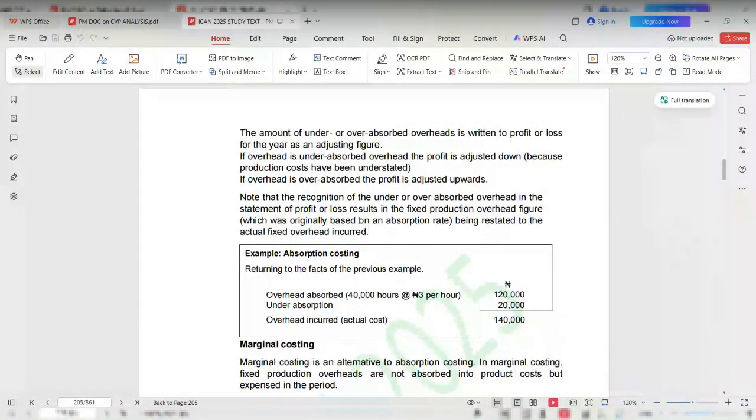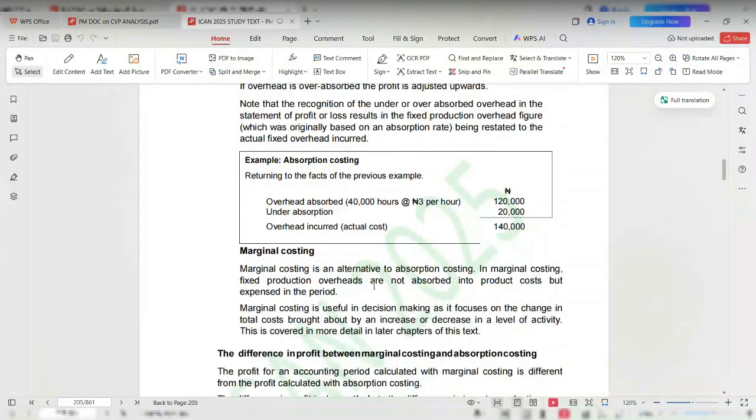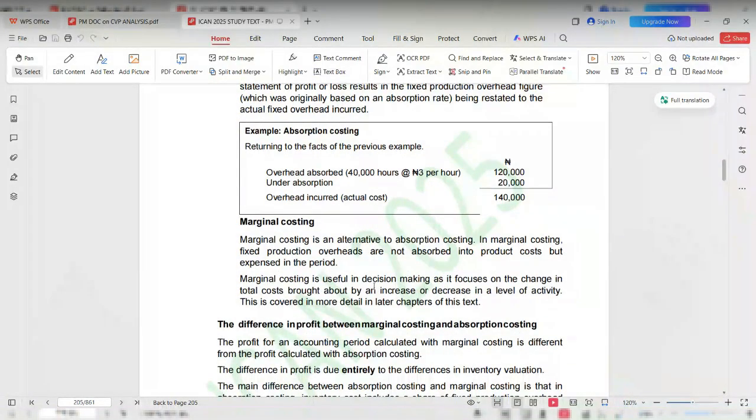So we have marginal costing. Marginal costing is an alternative to absorption costing. In marginal costing, production overheads are not absorbed into production cost, but expensed in the period. In absorption costing, we absorb fixed overhead into production cost, but in marginal costing, fixed production overhead is not absorbed into product cost.